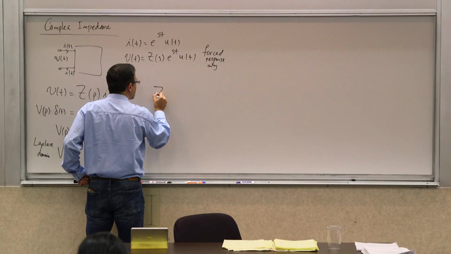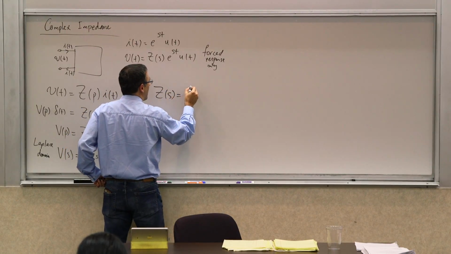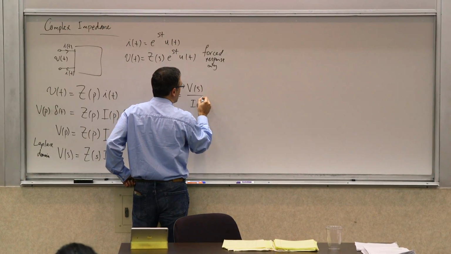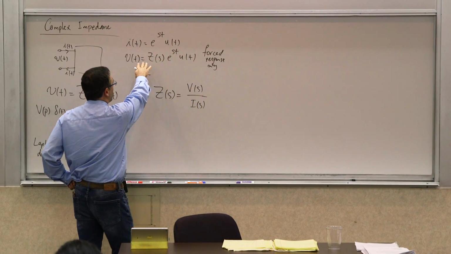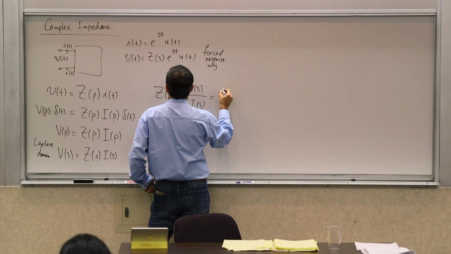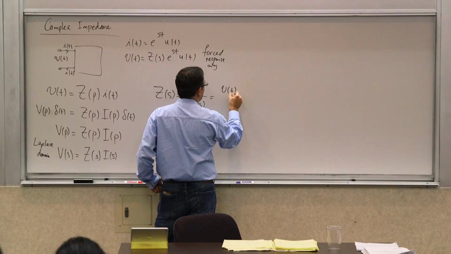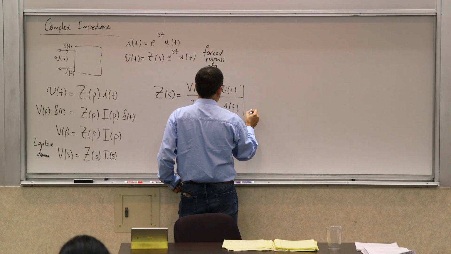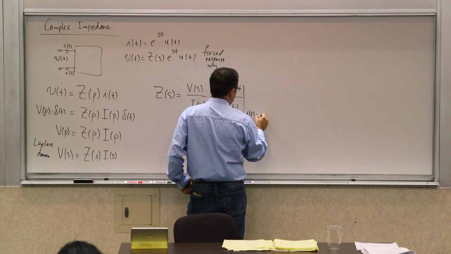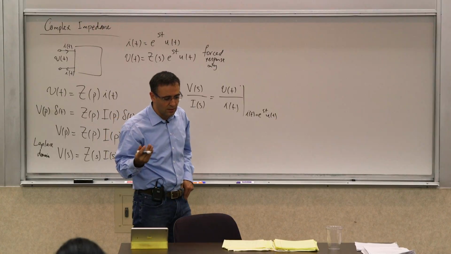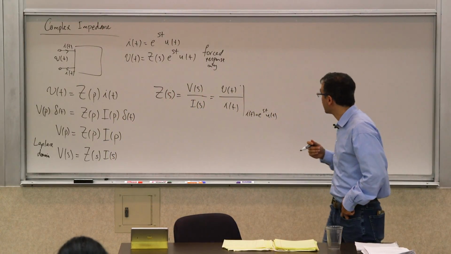So z of s can be defined as V of s over I of s, or the ratio of the input and output in the case of that particular input. So you can also say this is equal to V of t over I of t for the particular input where I of t is e to the st u of t. Right? They are the same thing. They are saying the same thing.